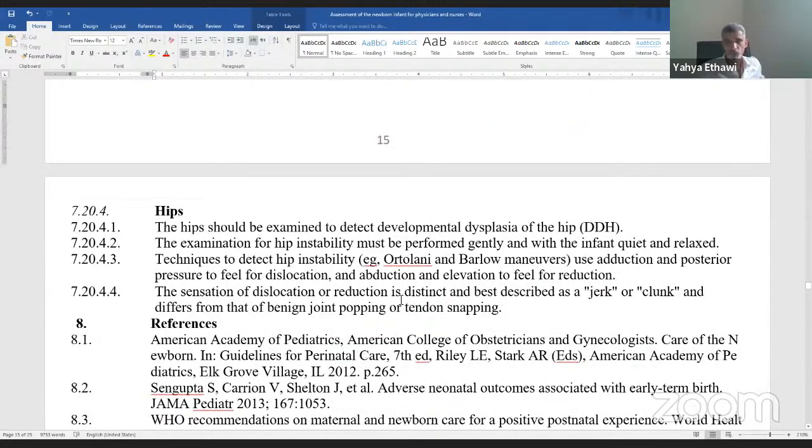Hips, very important to look for hip stability and do the tests, whether it's Ortolani or Barlow maneuver.